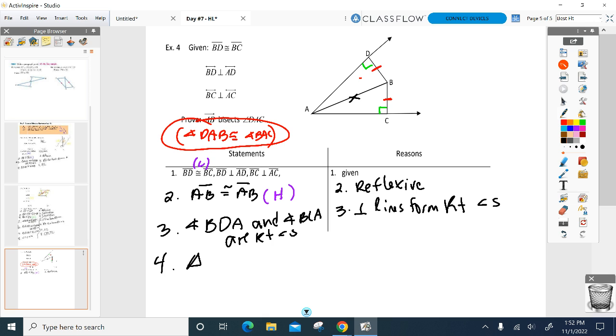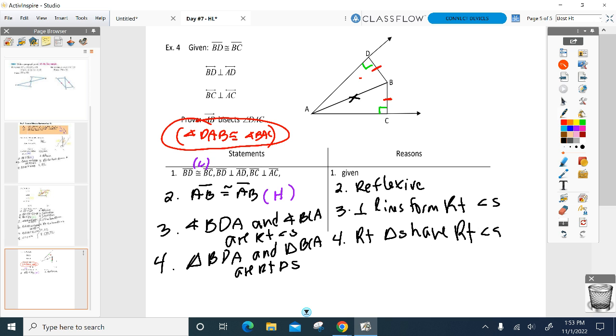Yep. And again, I don't care about that order when you write it. Triangle BDA and triangle BCA are right triangles. Right triangles have right angles.